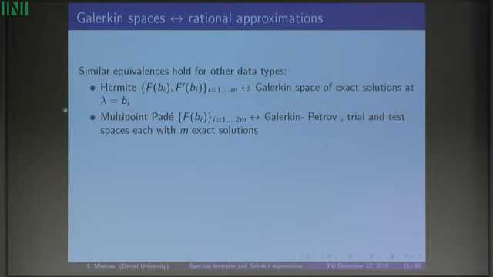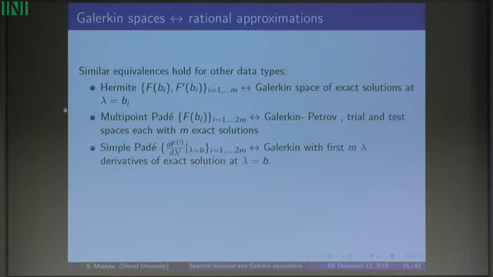Your Galerkin solution, if you look at it at 0, you evaluate the transfer function there, you get that that's what that is. So it matches your data. Or you could do simple PDE, where you're matching all the derivatives at one point, and then you also get a Galerkin method with the first m derivatives of the exact solution at b, but I mean derivatives with respect to lambda.